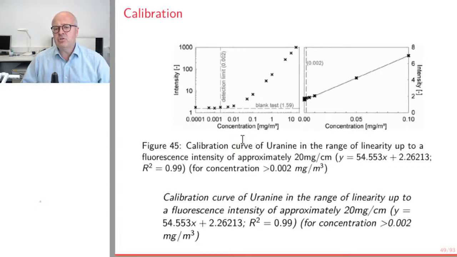At the end of the day, you should get a calibrated curve like the one on the right-hand side with a linear relationship, y equals a constant plus a slope, with a given r squared, which can be used for converting measured intensities to concentrations reliably.